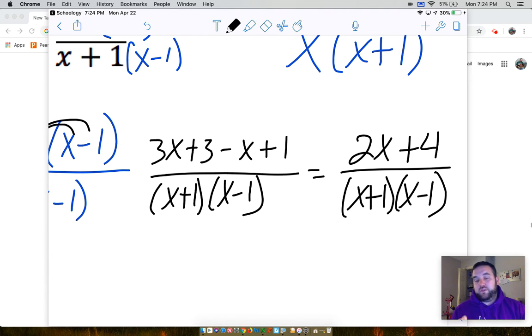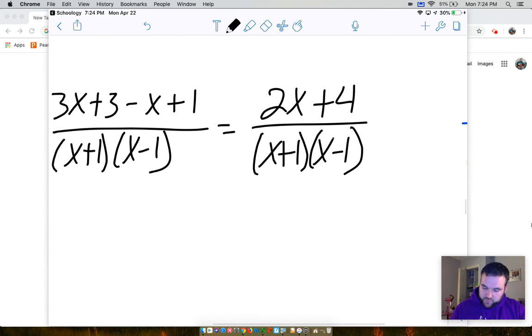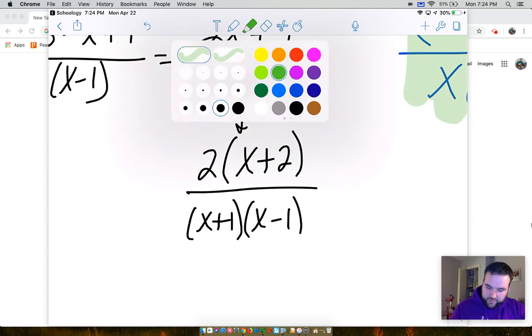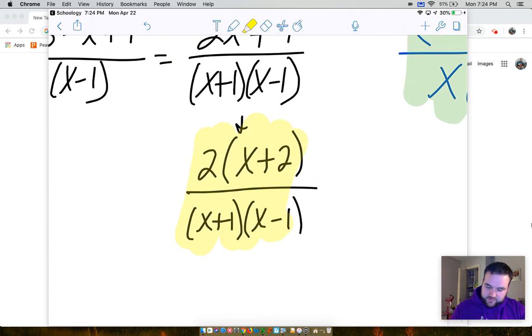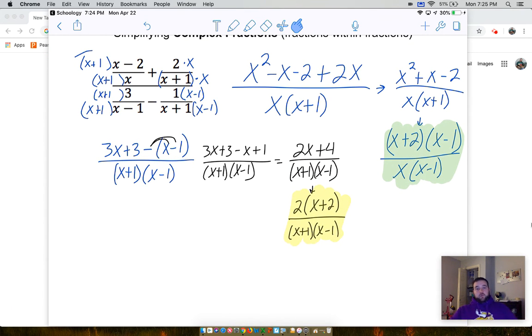And then the numerator does have a GCF of 2. So I'm going to go ahead and do that. Take out the 2, x plus 2, over x plus 1 and x minus 1. So all that work, all that nonsense, there's my top half and there's my bottom half of the fraction.